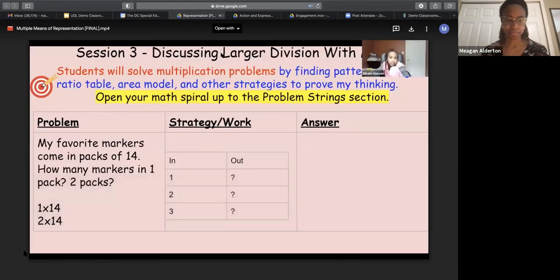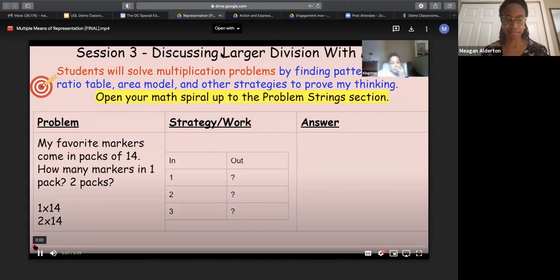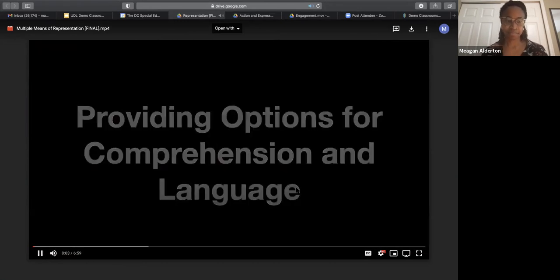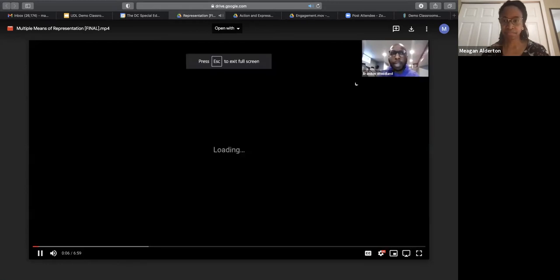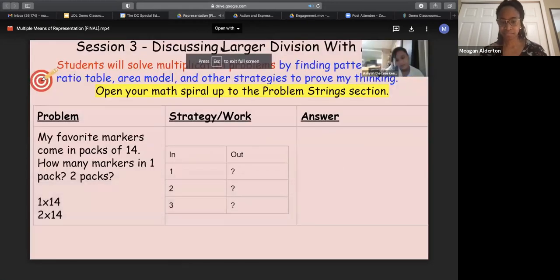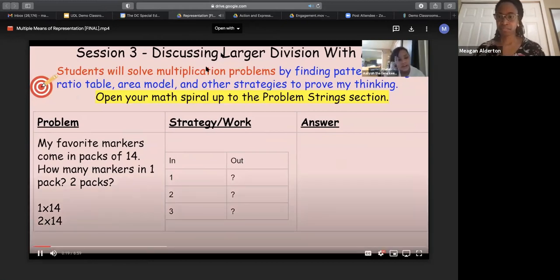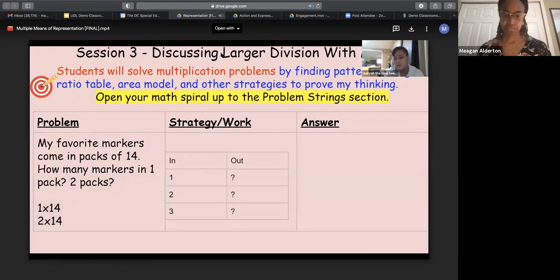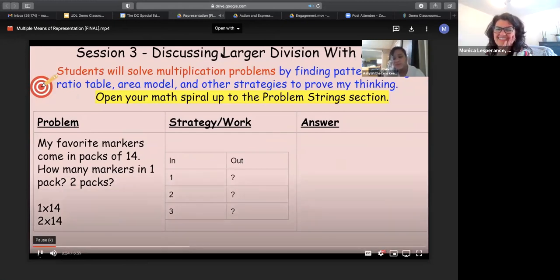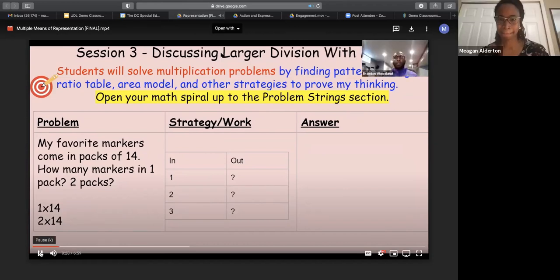Area models and other strategies. Please read the objective for today. Khalid, go ahead. Go ahead, Aaliyah. Great, good job. So what do we need to know in order to be successful?